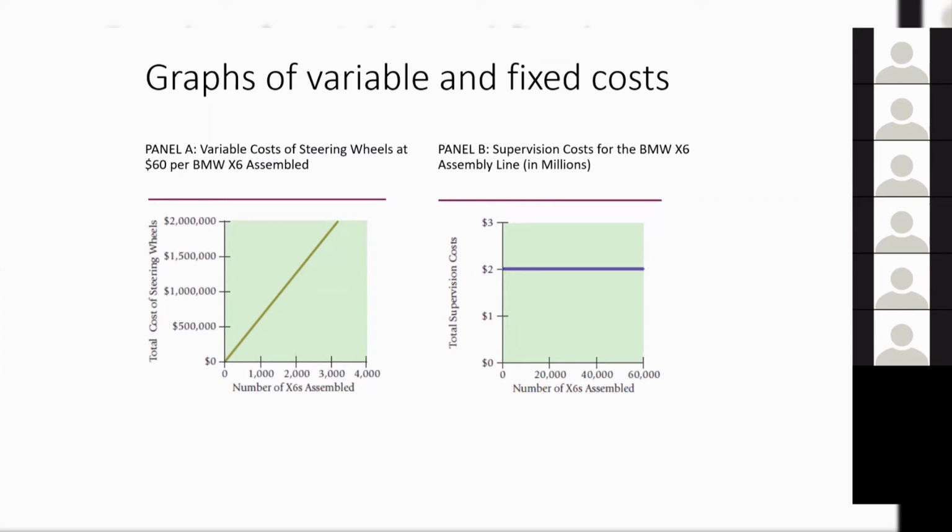The annual total fixed supervision costs for the X6 are that amount and will be that amount whether we assemble 0, 20,000, 40,000, or 60,000 cars. Of course, over time, that may change. At a consistent assembly rate of 0, we may eliminate the supervisor position. At an assembly rate of greater than 60,000, we may need a second supervisory position.